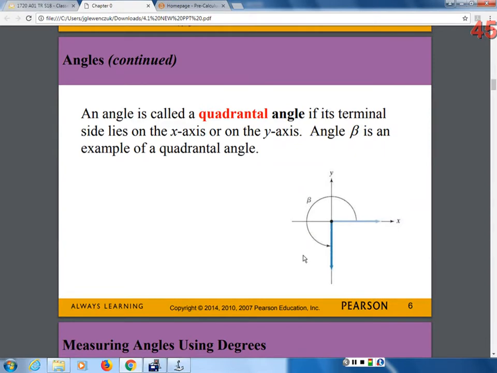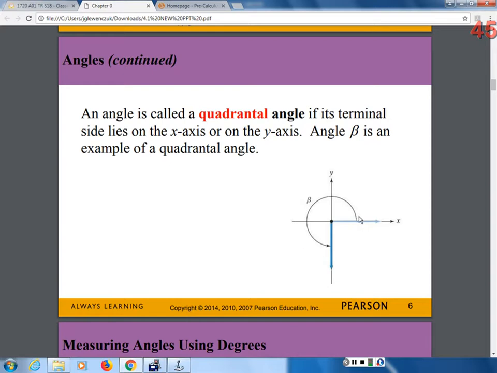Okay, another term you need to know. An angle is called a quadrantal angle if its terminal side lies on the x-axis or the y-axis. So, this is in standard position. It has to be in standard position. And then since this one lies on the y-axis, angle beta is quadrantal.